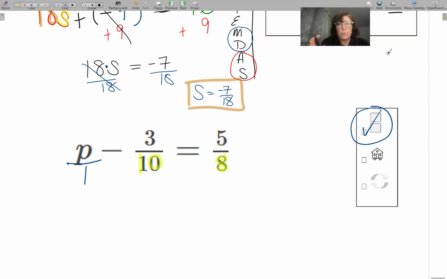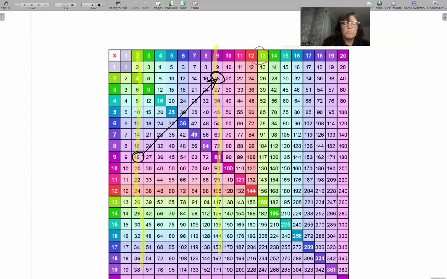So now you find your tiny home. What is the smallest number that both 8 and 10 go into? Again, you're looking for the smallest number that both 8 and 10 go into. So I look at the 8 column, I look at the 10 column, and I'm looking for the smallest number possible that they both go into.